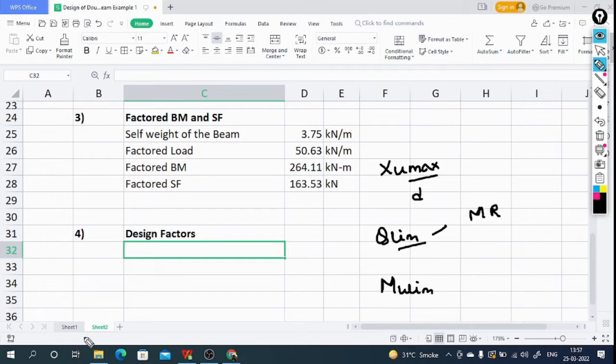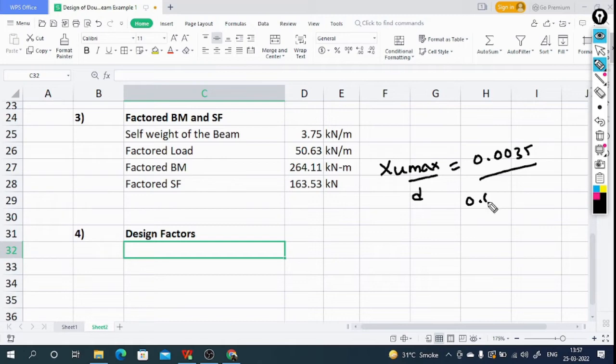Okay, we will see how to write the formula for xu max by d in Excel. For that we have to recall the formula of xu max by d. The formula is xu max by d equal to 0.0035 divided by 0.0055 plus 0.87 Fy divided by Es.